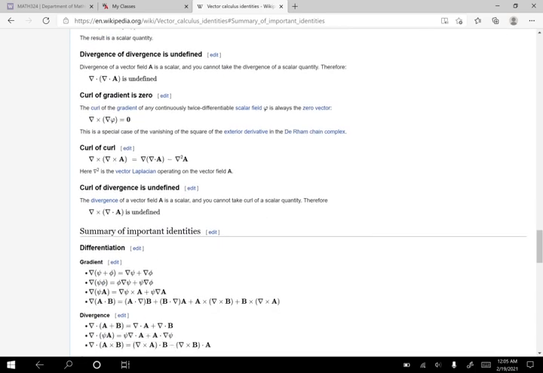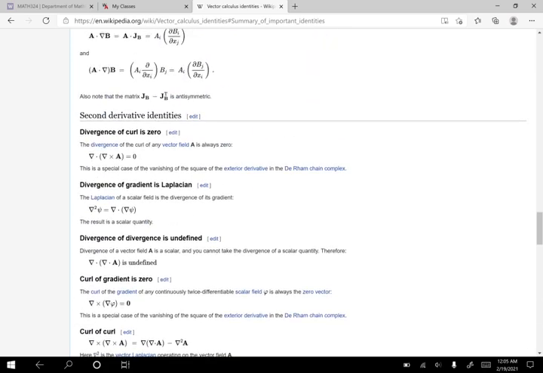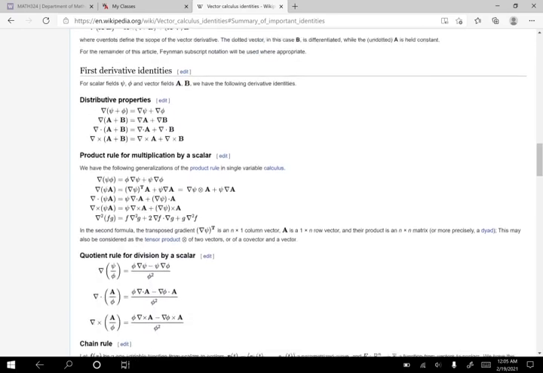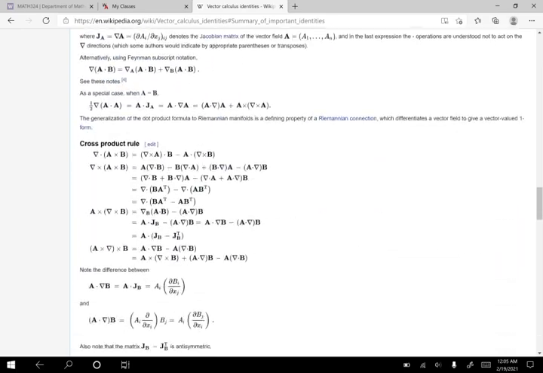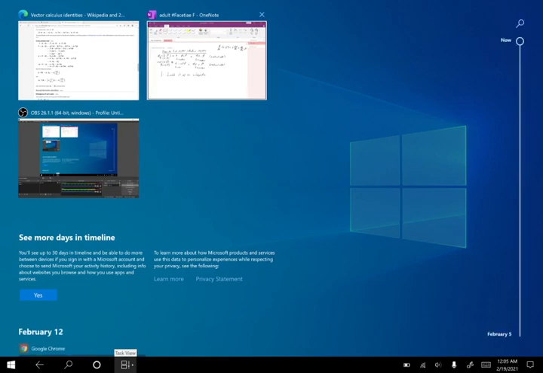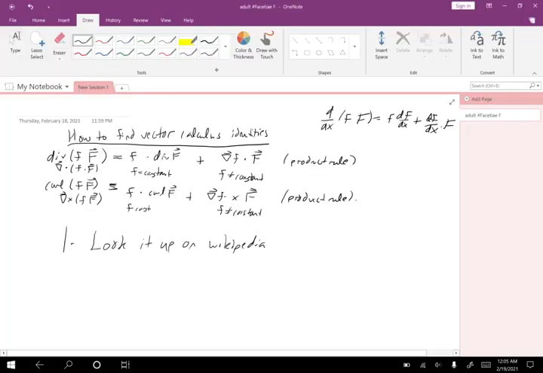So now that you know that this page exists, feel free to refer to it to find a particularly nasty identity. But I'm going to show you how you can derive some of these identities yourself if you do not have access to the internet. So I'm going to say quicker ways to derive this.